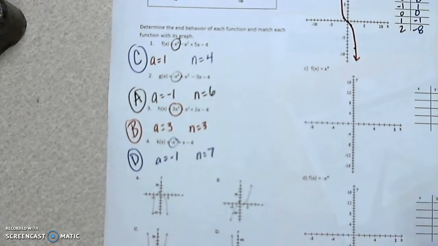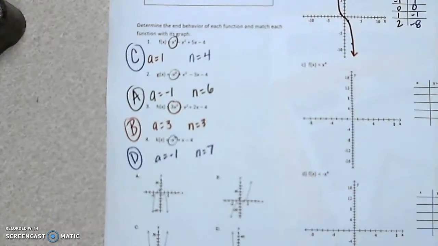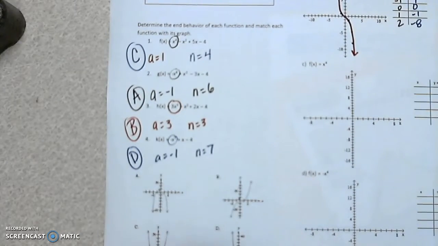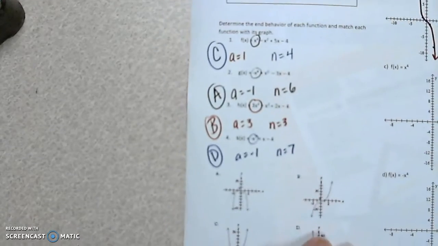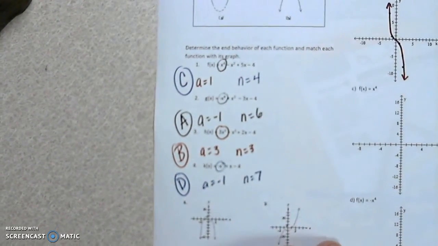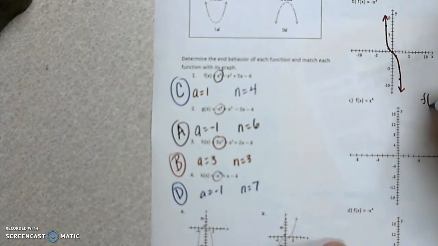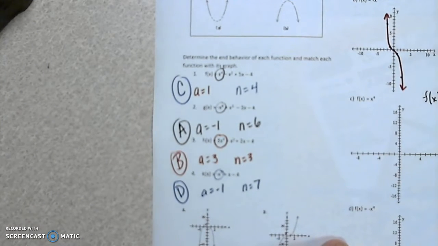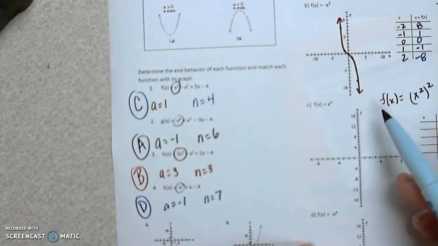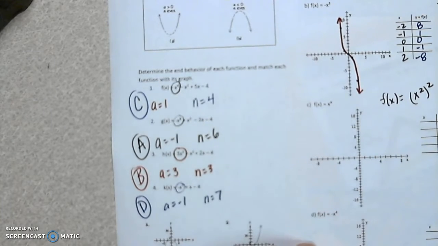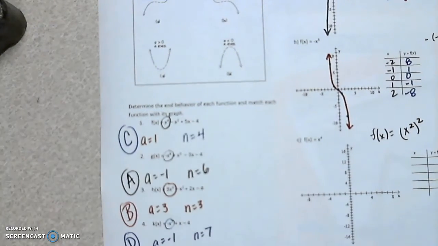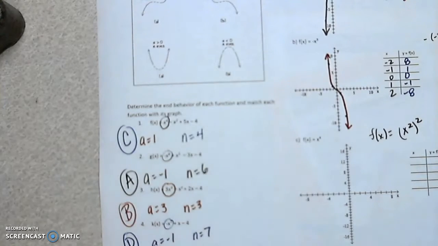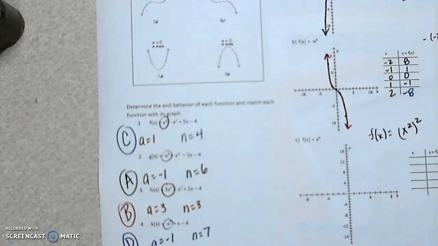Now the next two graphs, we could say that they are quadratic in nature. Even though it's x to the 4th, I could rewrite it like this. f of x. x squared is the exact same thing as x to the 4th. With that in mind, it's going to look a little different.